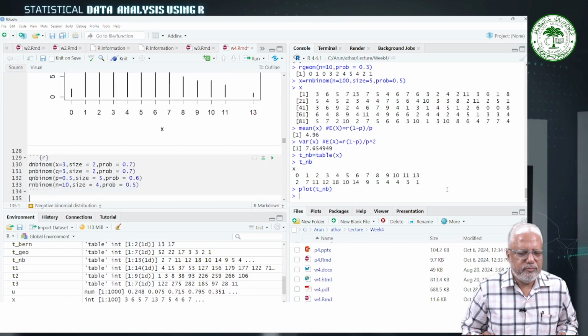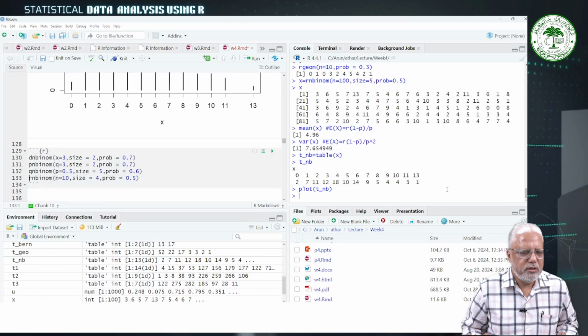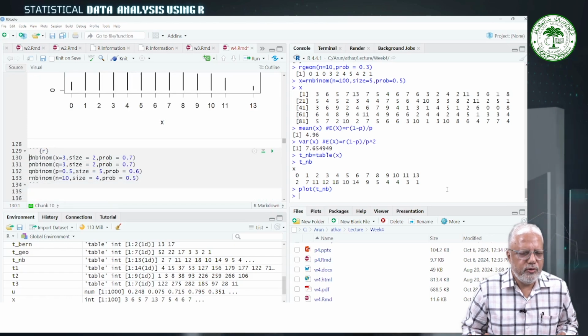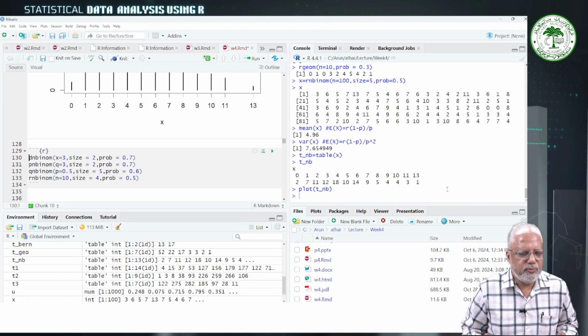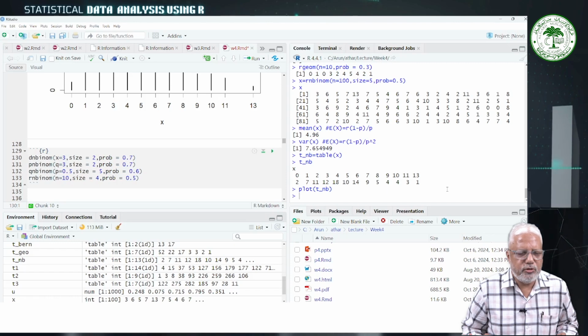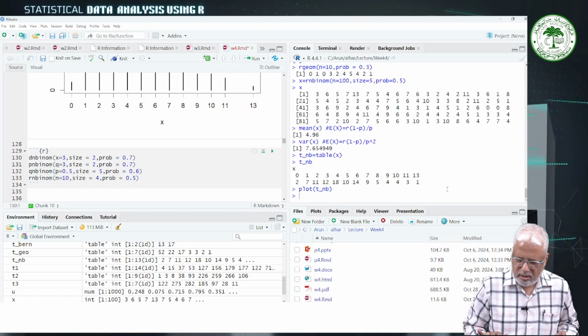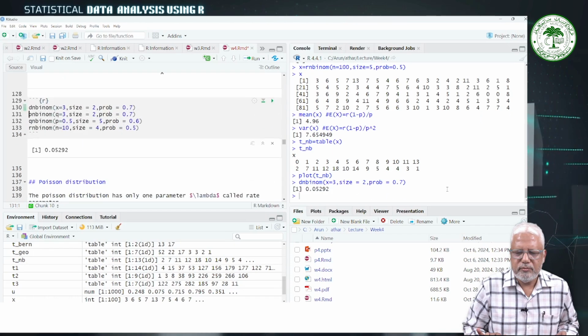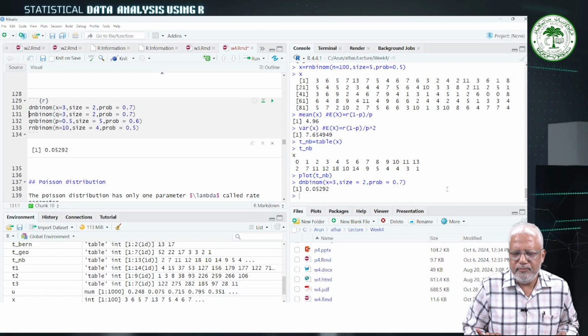Now again, suppose we want to compute dnbinom with x equal to 3, the probability of negative binomial at x equal to 3, with size equal to 2 and prob equal to 0.7. See what the result will be. It is 0.05.